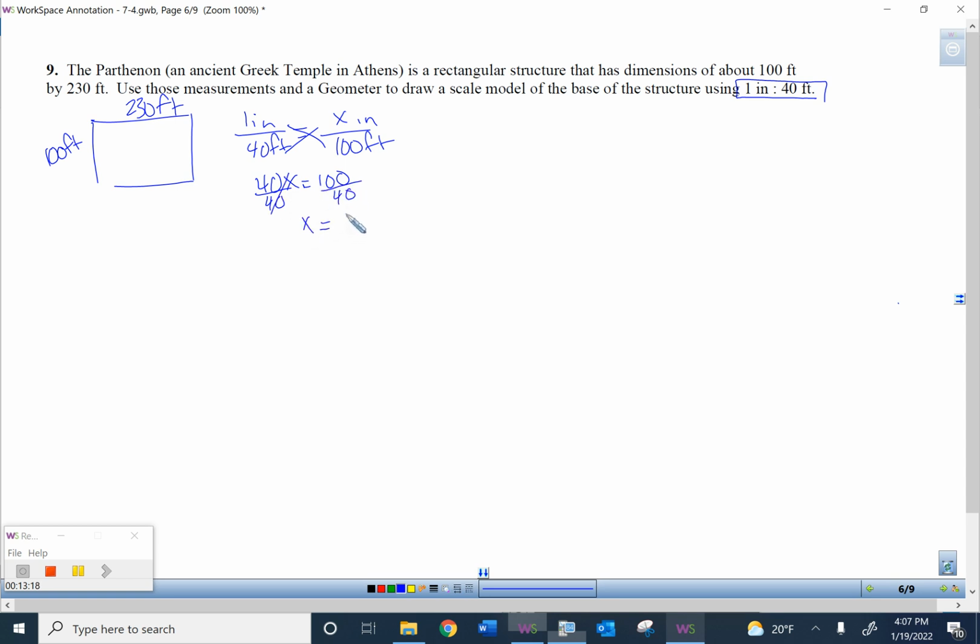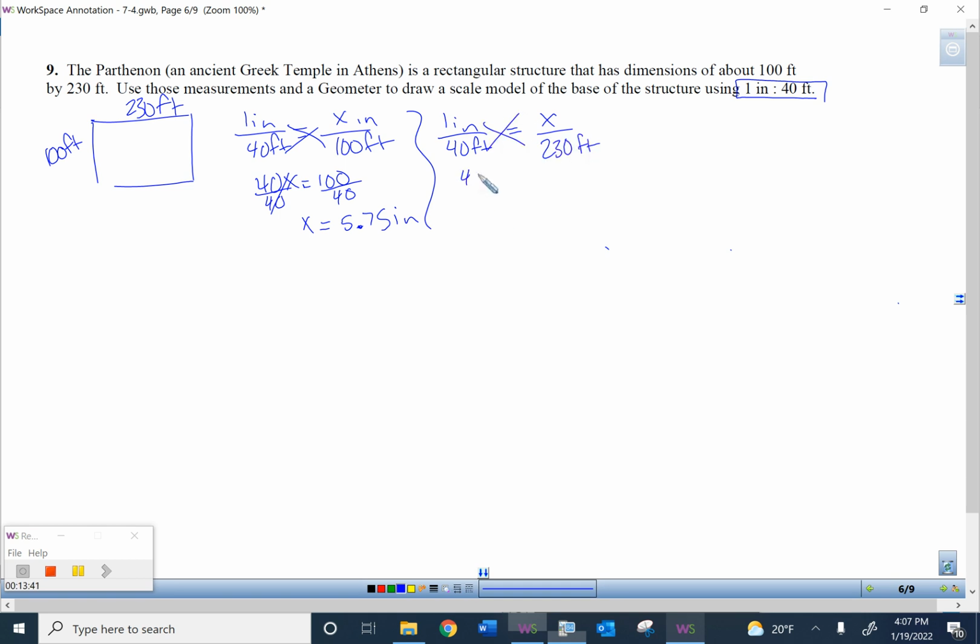So x equals 2.5 inches. Labels matter. Then we're going for the second one and doing the same thing. So 1 inch over 40 feet equals x over the other side, 230 feet.